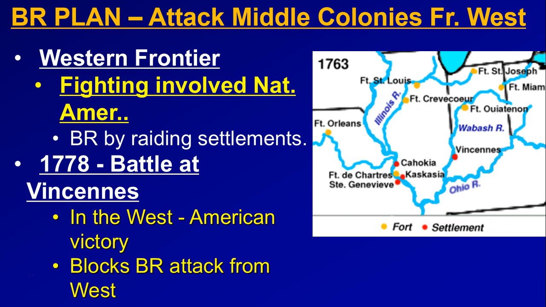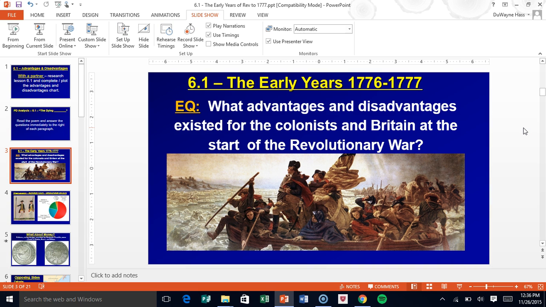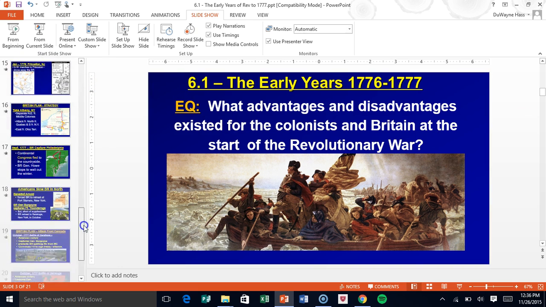And so this is why they side with the British. The Battle of Vincennes, out here in Indiana, is one of the key battles in which the British tried to attack through the west and up the Ohio River Valley, and it blocks the British attack from the west, and basically the whole strategy of Britain is a failure.